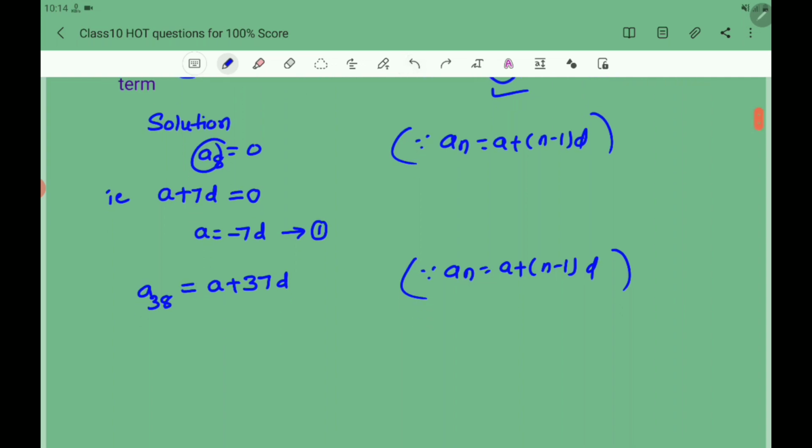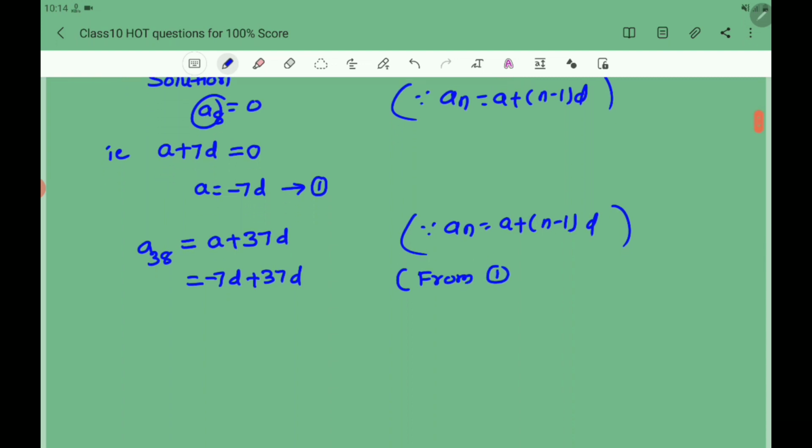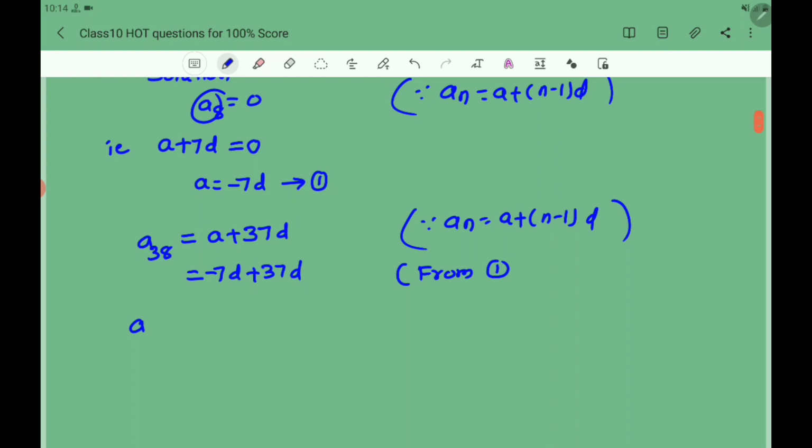Then you write that A is minus 7D plus 37D, that is from first. That becomes A38 equals minus 7D plus 37D, 37 minus 7, you got 30D. So you take this is second.